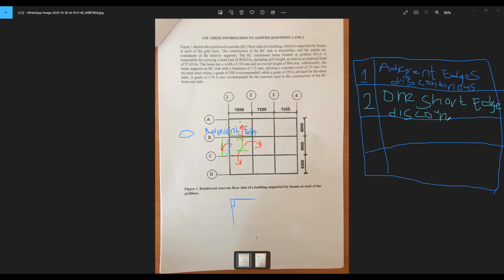It leaves us out of the whole slab system. It gets out of context. So that is where the discontinuity comes in. Discontinuous.